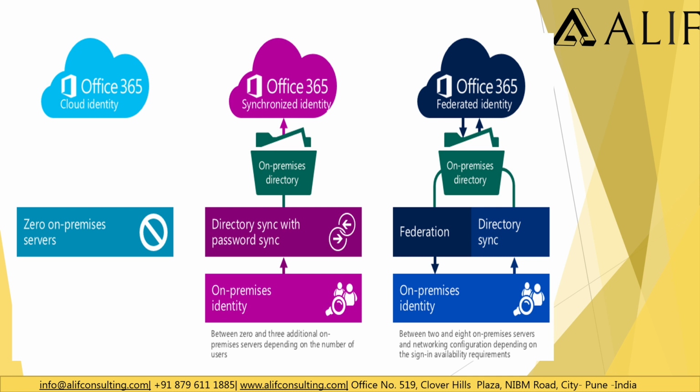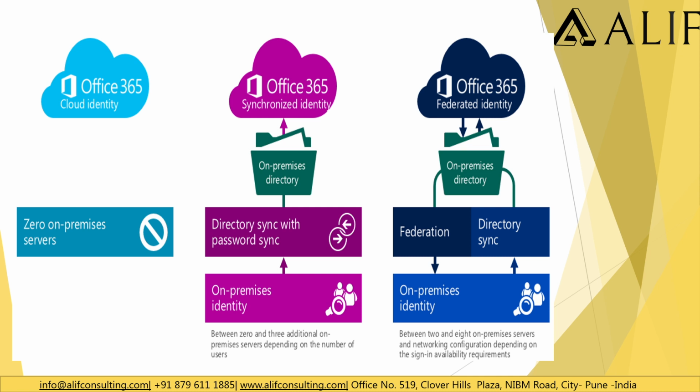Okay, the second one which comes into the picture is the synchronized identity. Now what does this mean? You can create your objects either on premises or on cloud. But when you say synchronized identity, you would be creating your objects within your local Active Directory with the help of a tool called AAD Connect, Azure Active Directory Connect.